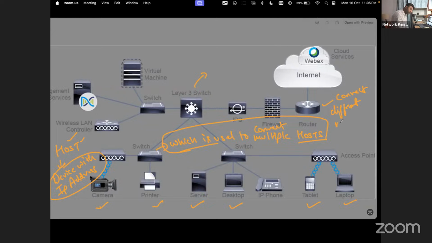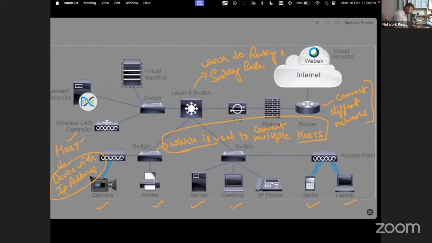So now understand the combination of router and switch is called layer 3. You can say it's a network device which does routing and switching both.